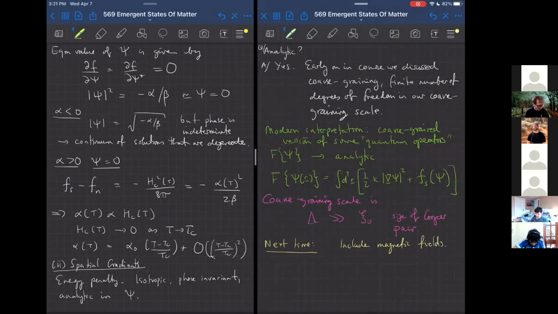And so what we're going to see is that where we had the phase of the wave function, as we had before in our superfluid theory, the phase gradient gets replaced by a covariant derivative, which I'm going to write like this.